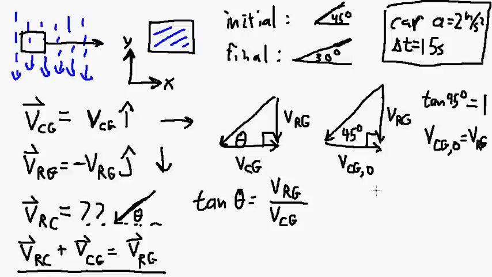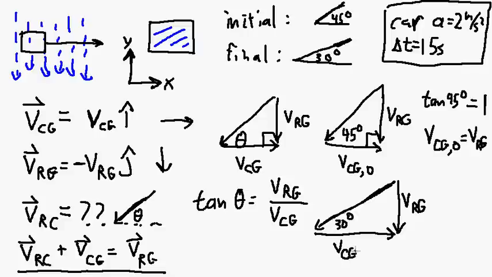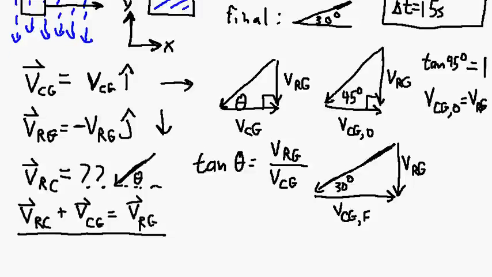And we can use that because now if we go to the second observation, when the rain is making a 30-degree angle with the horizontal. So now this is 30 degrees, still falling at the same speed, right? Still VRG, and this is VCG. I can call this VCG final, so after the acceleration.